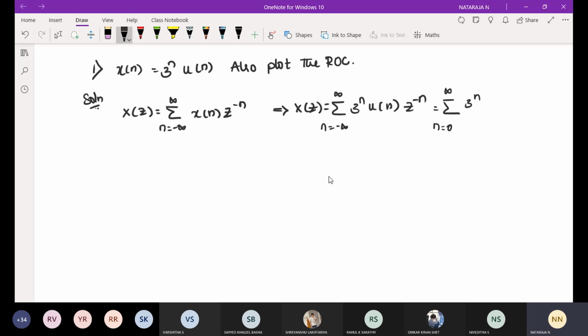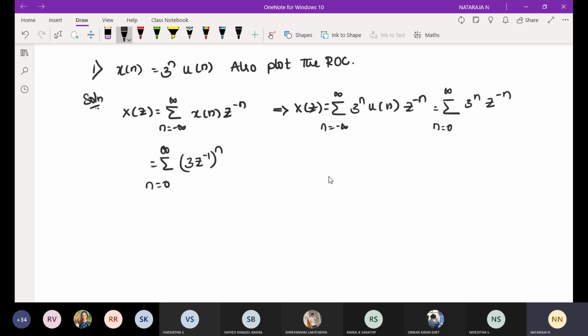I replace u of n with respect to these limits. Then my equation becomes the summation n is equal to 0 to infinity of 3 power n z power minus n. I can write this as 3 z inverse whole to the power of n. Any doubts in this?